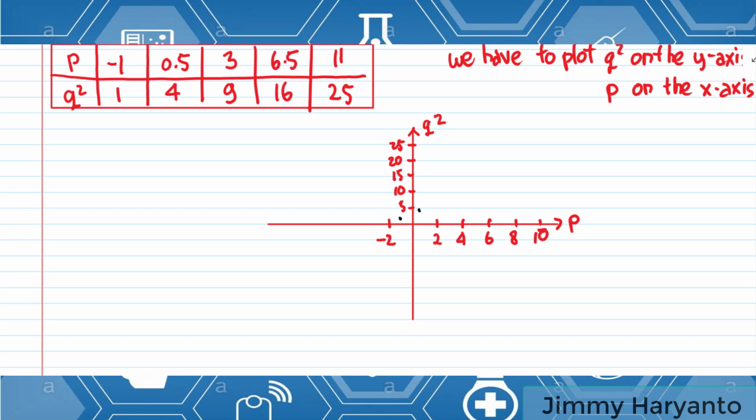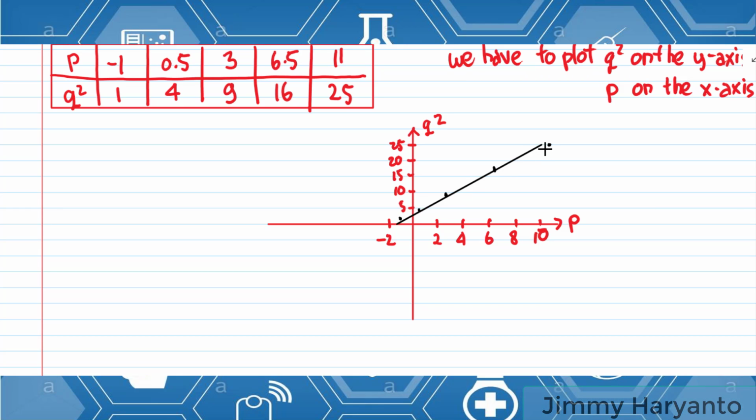And then 3, 9 is right here. And then 6.5, 16, right here. And then 11, 25, like that. And then you have the straight line.